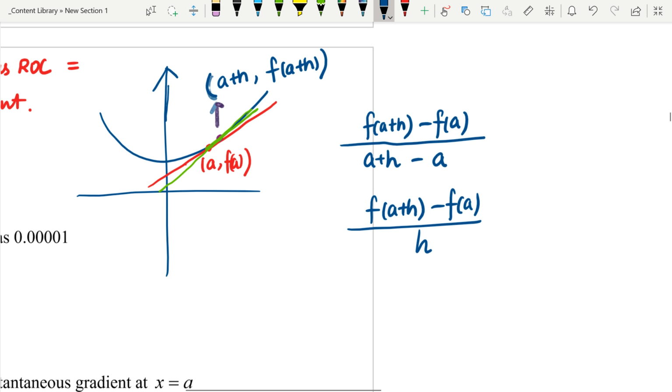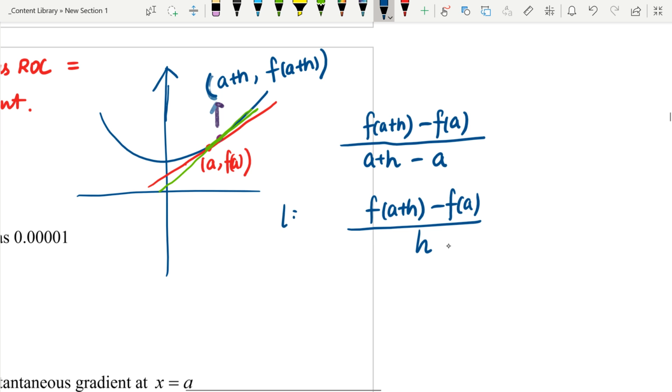Listen, this is the green line's gradient, right? And I said the gradient of the green line can be really close to the gradient of the red line if h is what? It can't be equal to zero, but approaching zero.